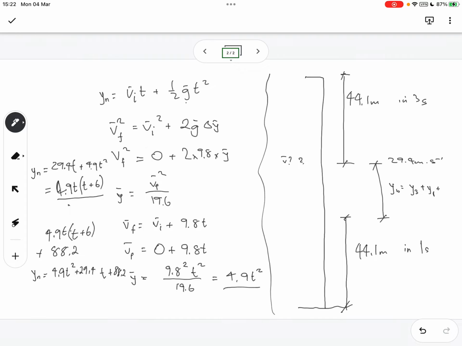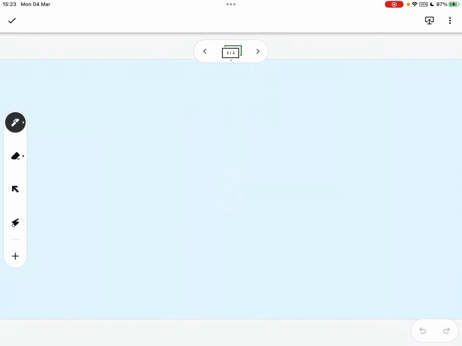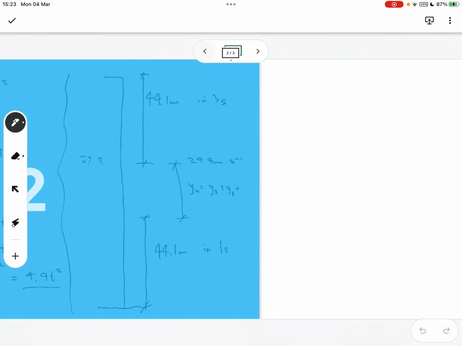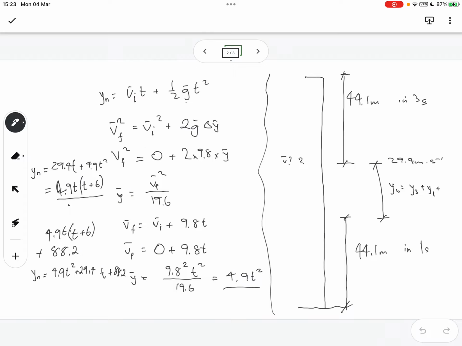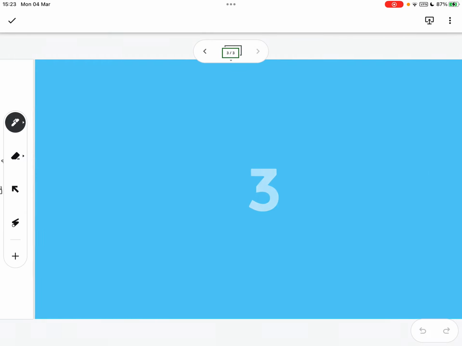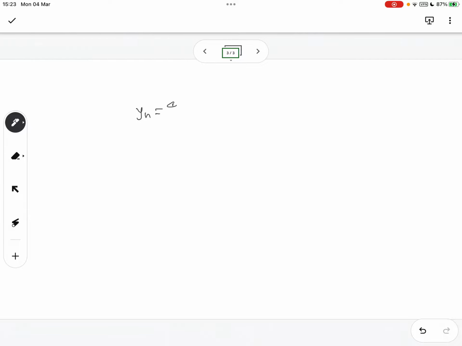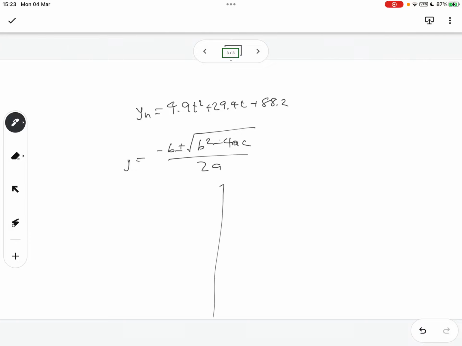This question is an enemy of progress, because now I want to see something. So if we look here, we've got 4.9t squared plus 29.4t plus 88.2.